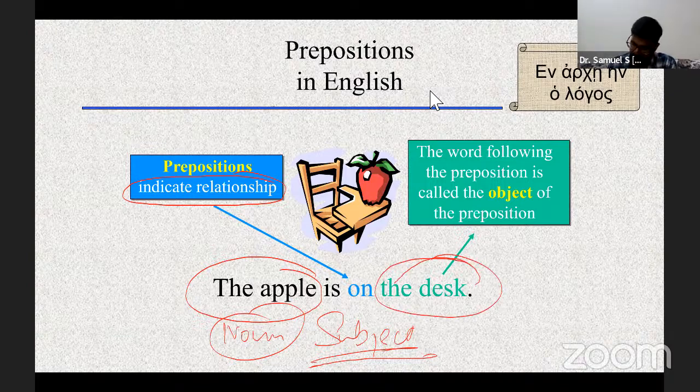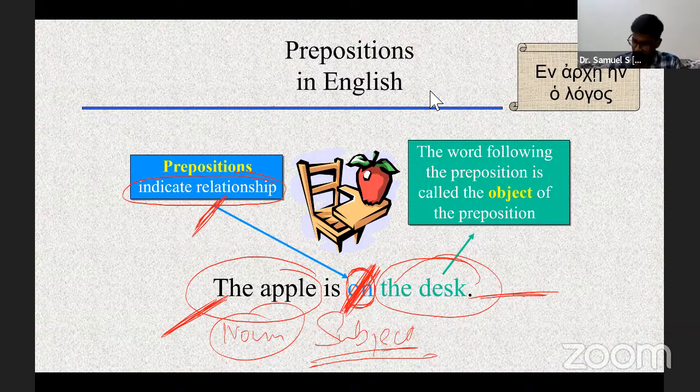So the preposition here is the word on, which is communicating the relationship between the noun and the object. Without the preposition, it would just be the apple is the desk, right? First of all, that's a bad equative sentence. But beyond that, how do you know the relationship between the noun and the object? Prepositions give us that relationship.